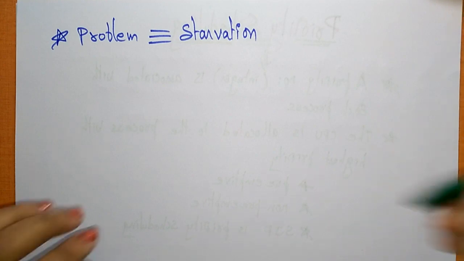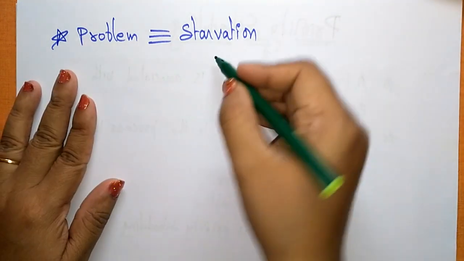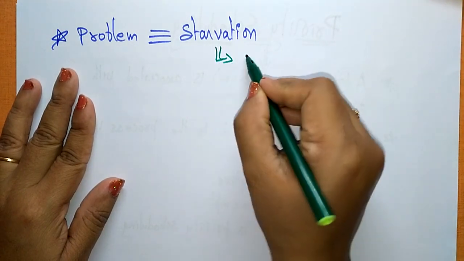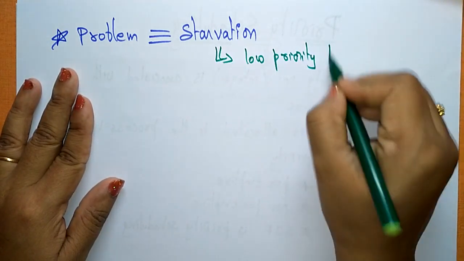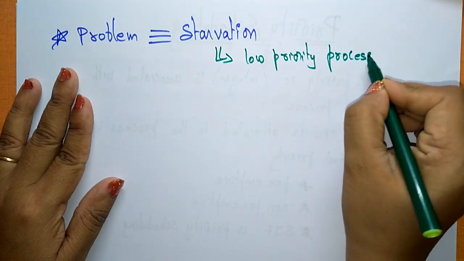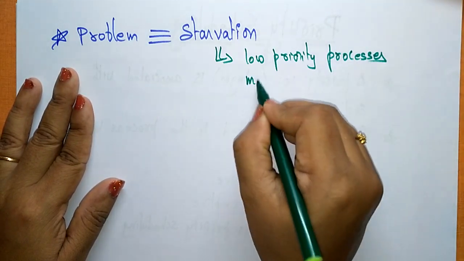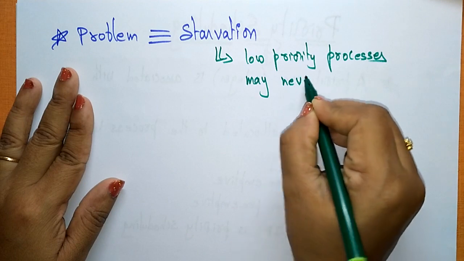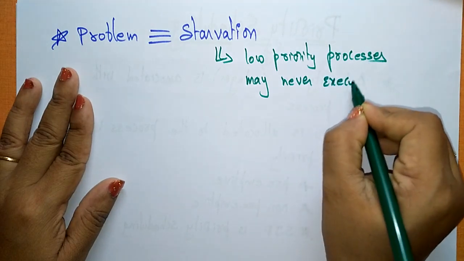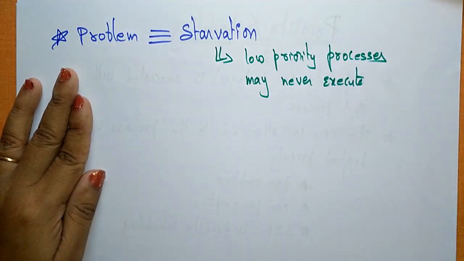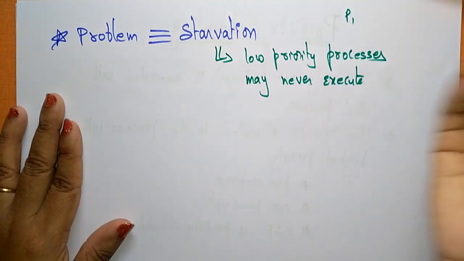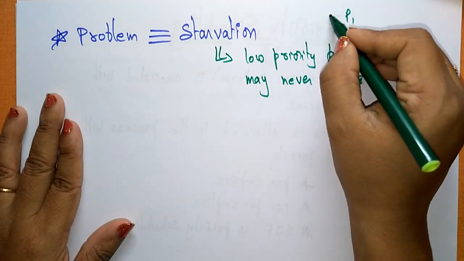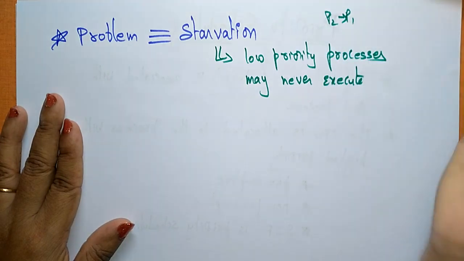What do we mean by starvation? Starvation means that low priority processes may never execute. Suppose P1 is there, and suddenly P2 comes with higher priority, it will execute and P1 has to be in the wait state.